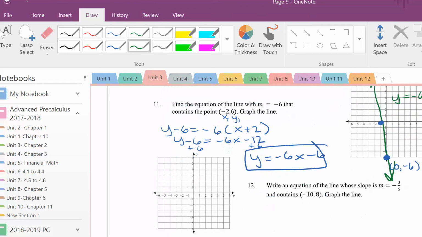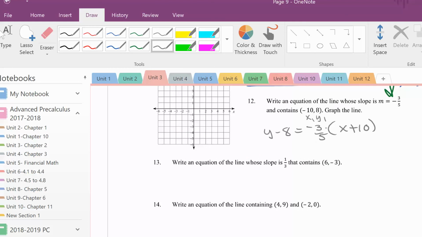Number 12, write the equation of a line whose slope is -3/5 and contains the point (-10, 8). So once again, this is your x1 and y1. So you get y minus 8 equals -3/5 times x minus a -10, so it's plus 10.